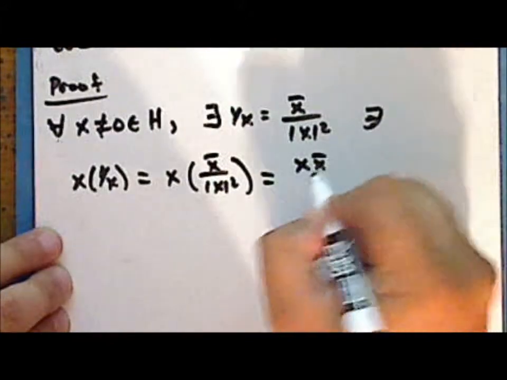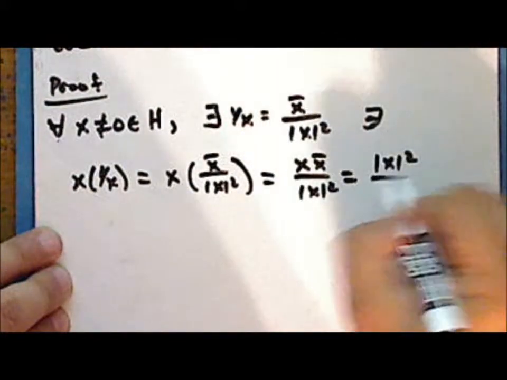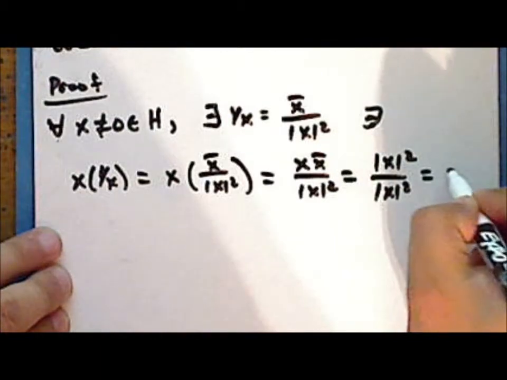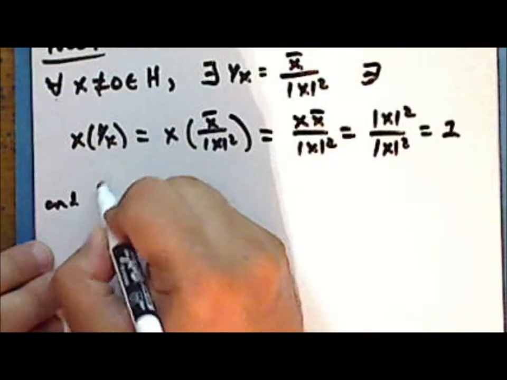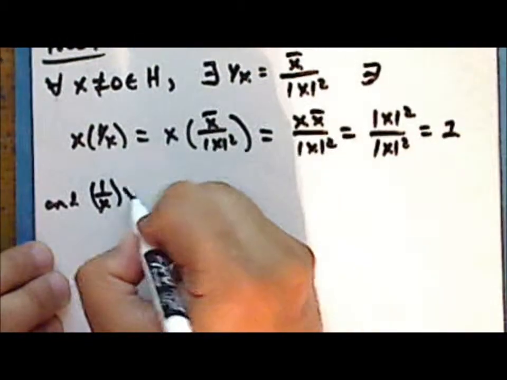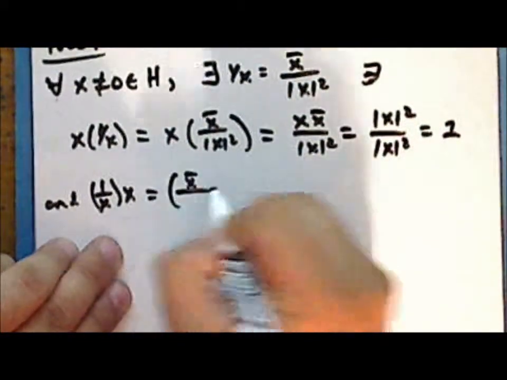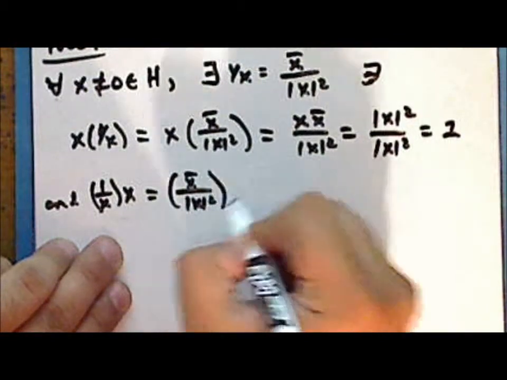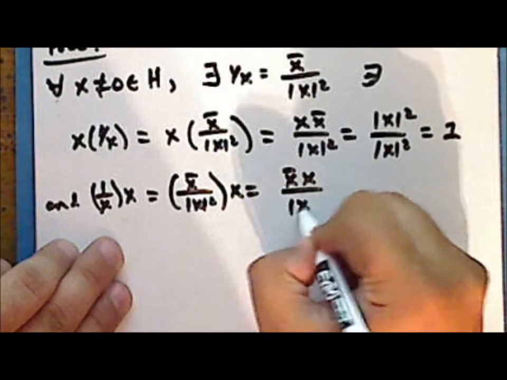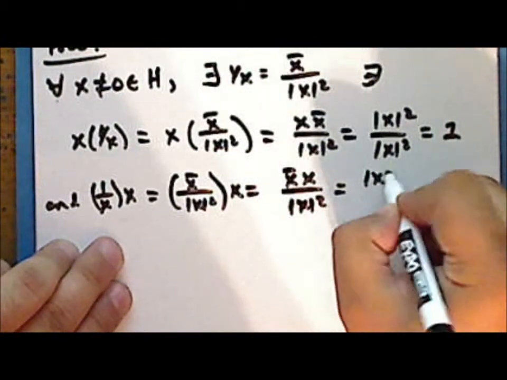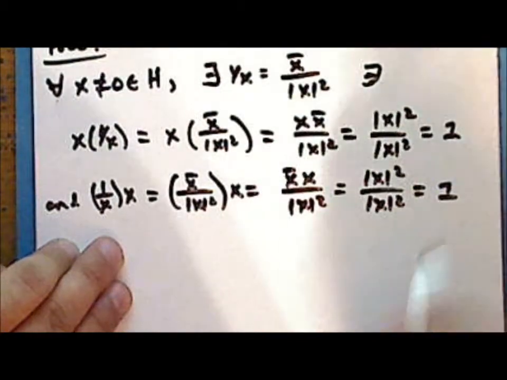Which is x times its conjugate, over the square of the modulus, which is the square of the modulus of x over the square of the modulus of x, which is the identity 1, and the multiplicative inverse of x times x is the conjugate of x over the square of the modulus of x times x, which is the conjugate of x times x over the square of the modulus of x, which is the square of the modulus of x over the square of the modulus of x, which is the identity 1.